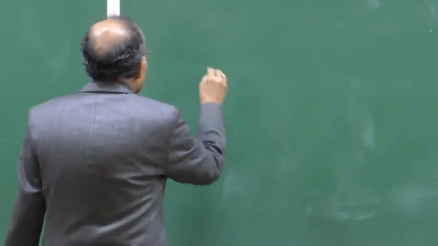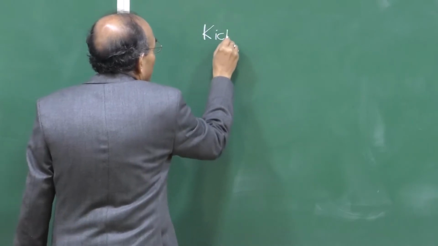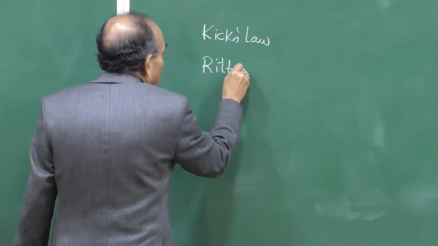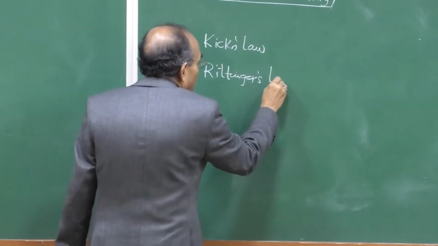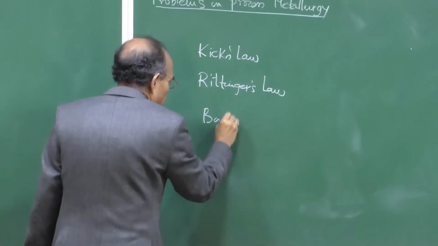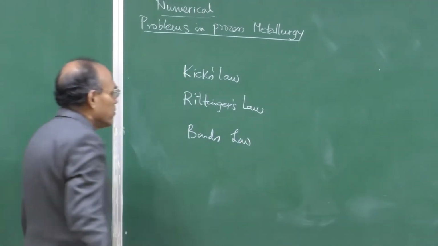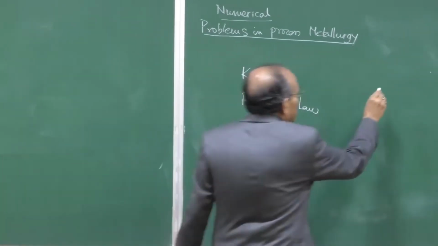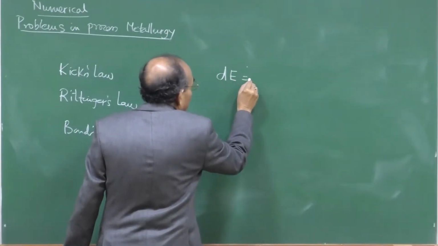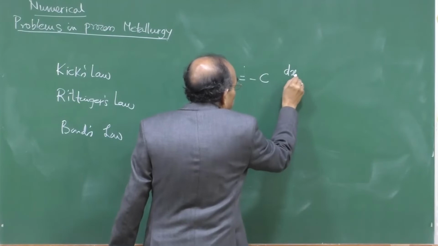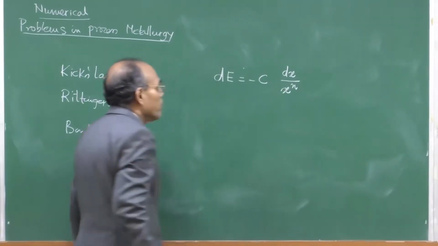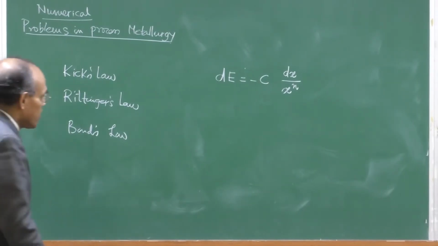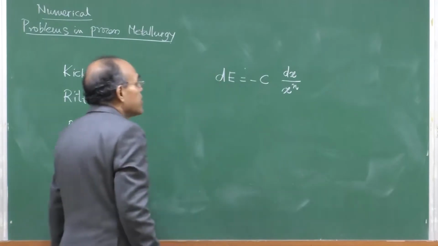You may have learned that there are three popular laws: Stokes law, Rittinger's law, and Bond's law. These are, as far as undergraduate level is concerned. And the general expression for the energy consumption is given in terms of an expression where x represents the particle size, and n is a power, an index.